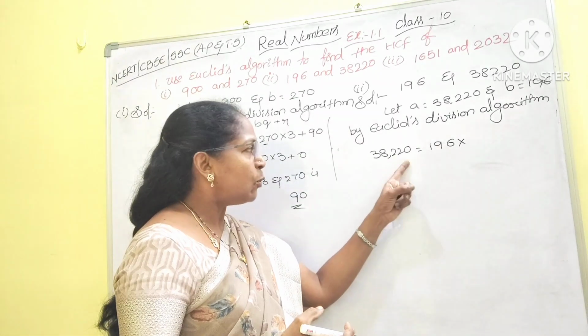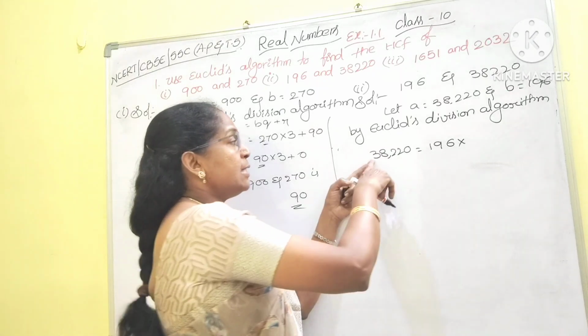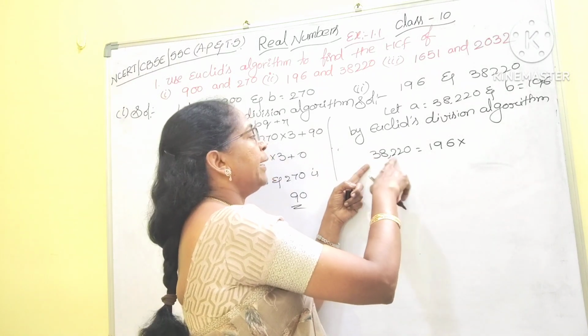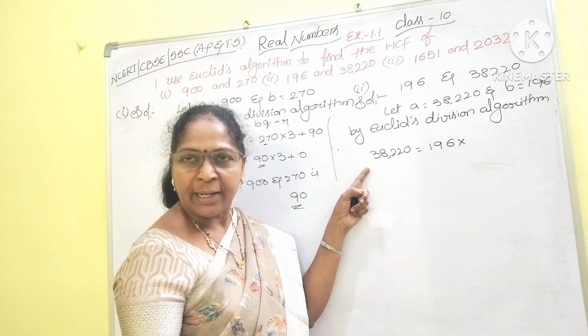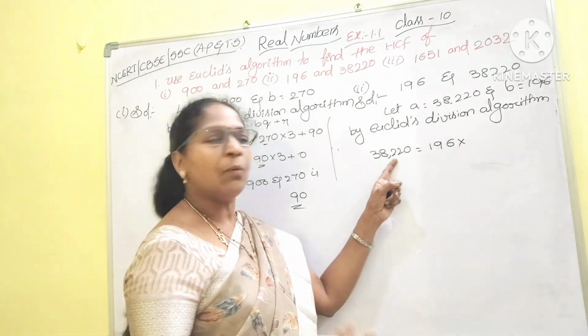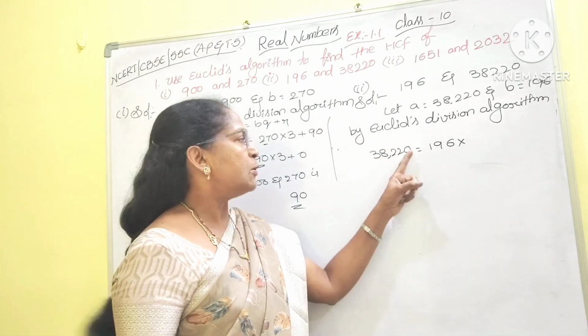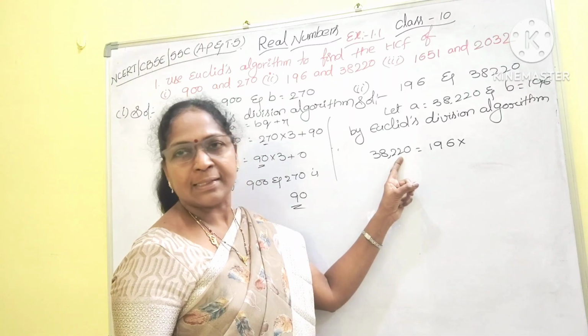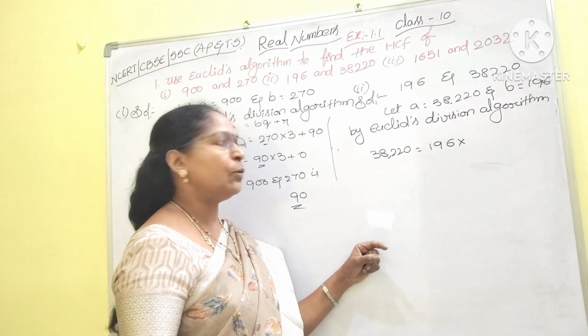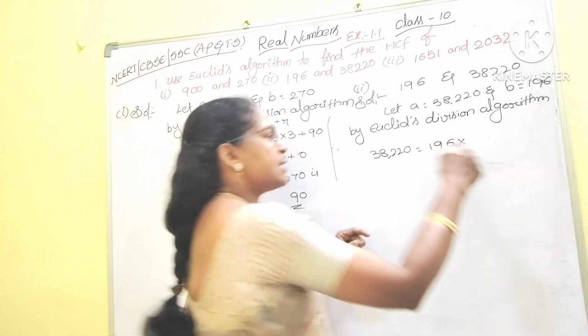So 200 goes in this one time. 382 minus 200 is 182. In 182 it is not divisible again, so next 2 also you have to consider. That means 1822. How many times in this?